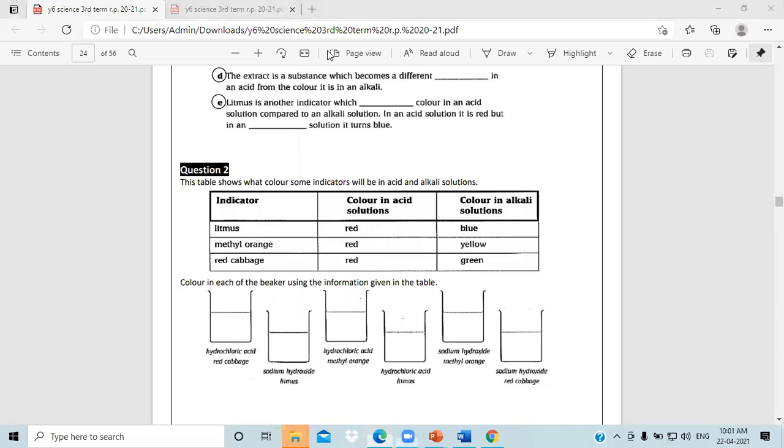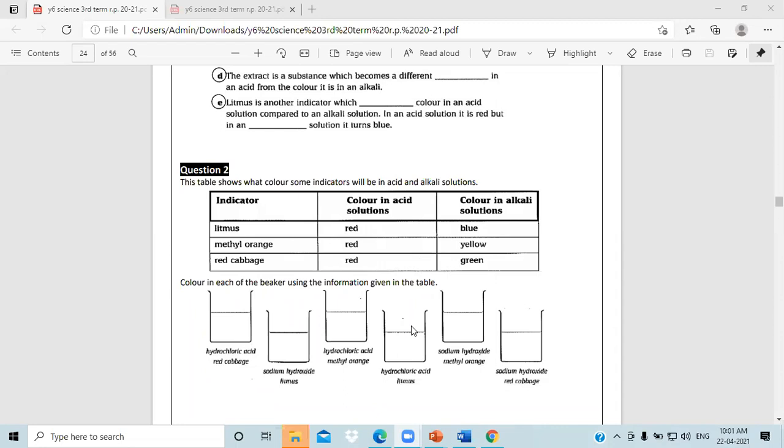Who will tell me what is the color change in the first beaker? We have hydrochloric acid, and we want to know how it will affect the red cabbage juice.